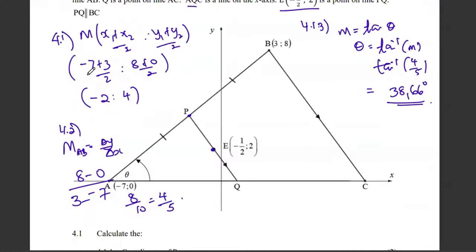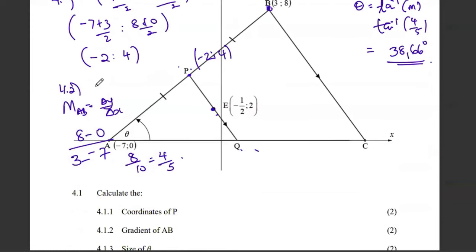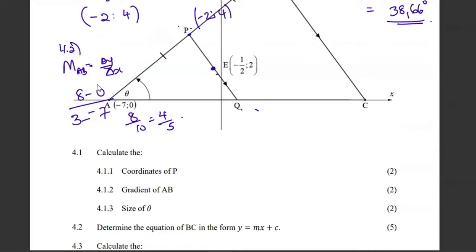All right, then determine the equation of BC. Okay, what do we know about BC? We have the coordinates negative 2 and 4. We can get the gradient of BC using PE, and then we use the point P. So it's saying the gradient of PE, this is 4.2. It's going to be 4 minus 2 over negative 2 minus a half.